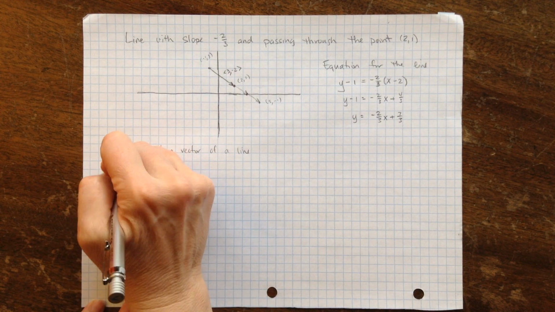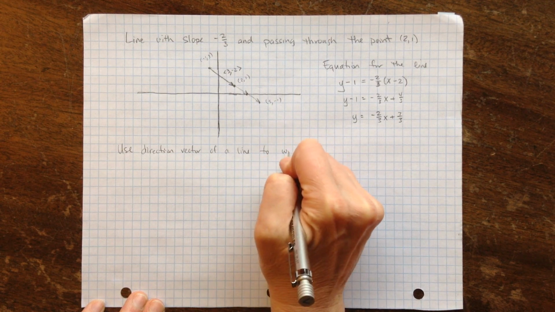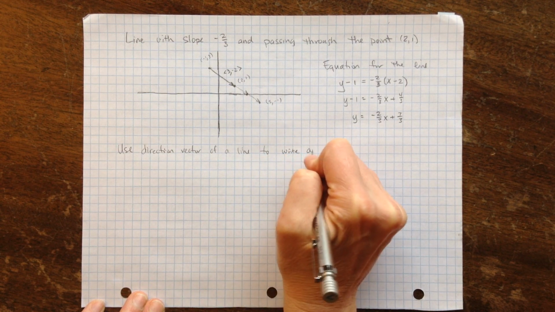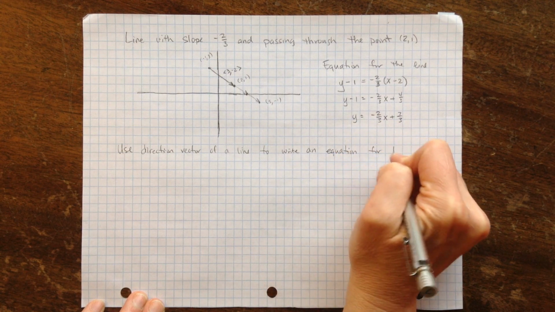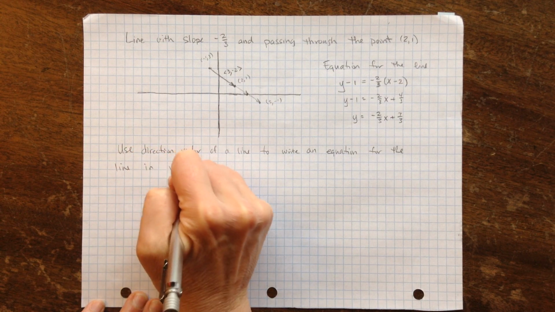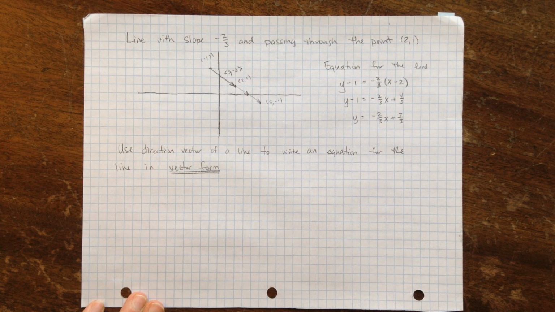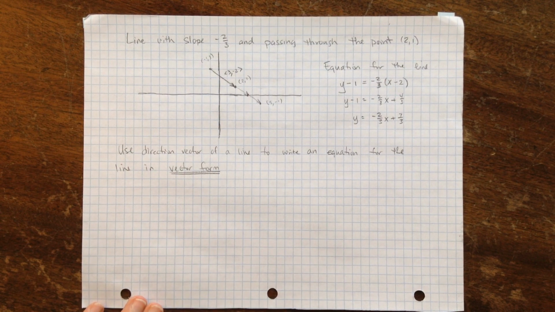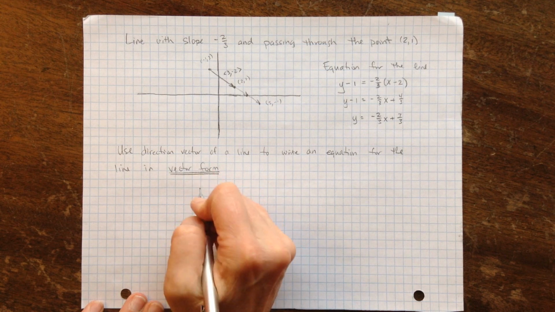And so we're going to use the direction vector of the line to write an equation for the line in vector form. So, vector form of a line, you would take a general vector.